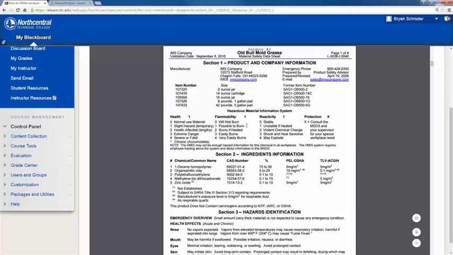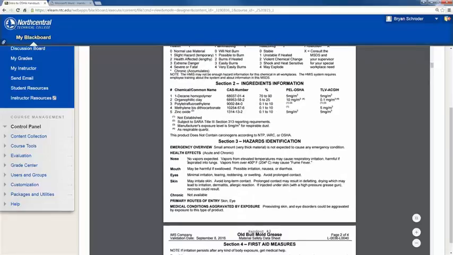Flammability, it does have the possibility of burning. Reactivity, it is unstable if heated. And then protection, it says consult the MSDS or your supervisor. It gives the ingredients that are in there, and then some information about those. Again, we'll talk about PEL a little bit on day 2. And then it gives some health effects, acute and chronic.